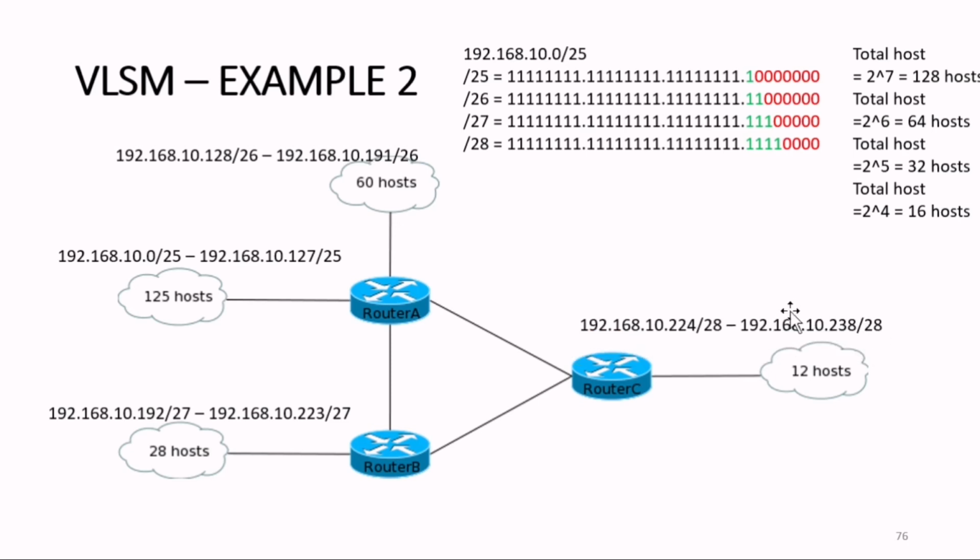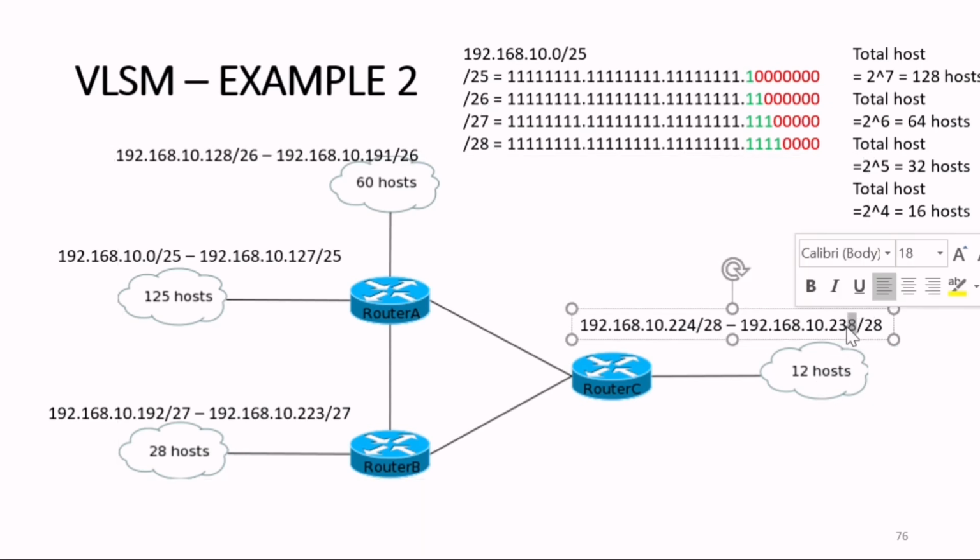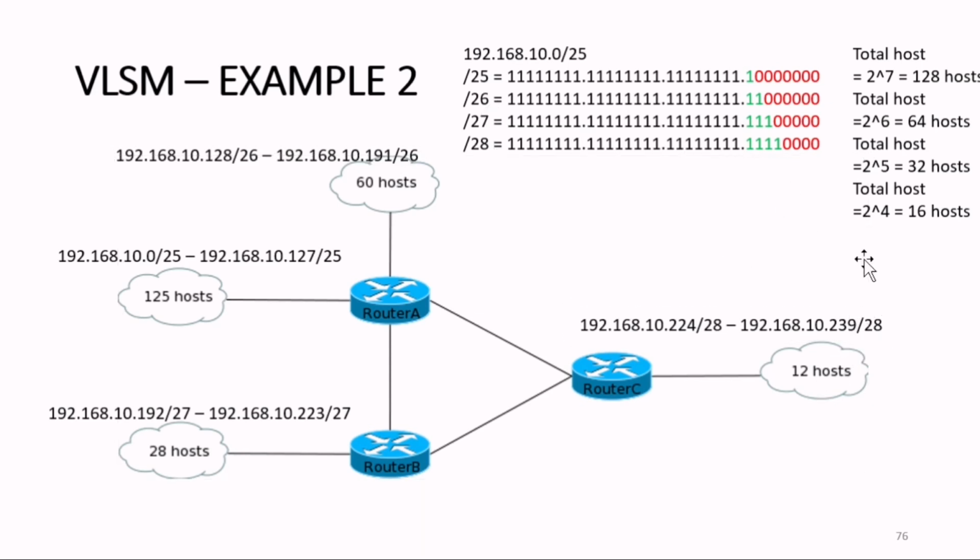So this is the range for this local address. 224 plus 15, so this is 239. Okay.